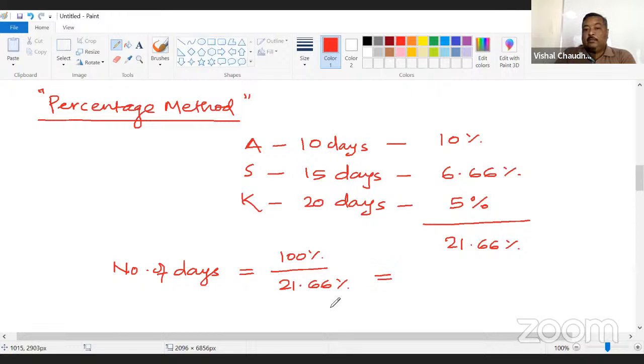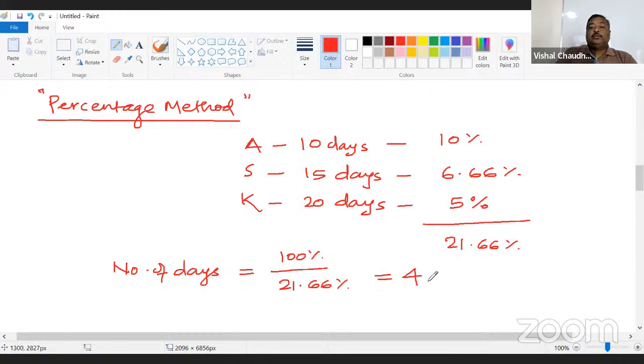And believe me, it will be the same as before. So 4 times 21 is 84, and 0.66 into 4 is 86.66.